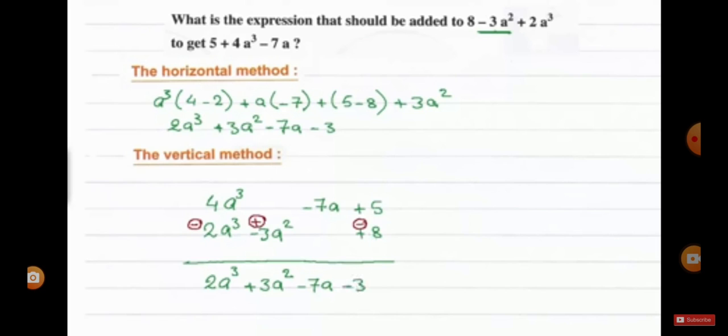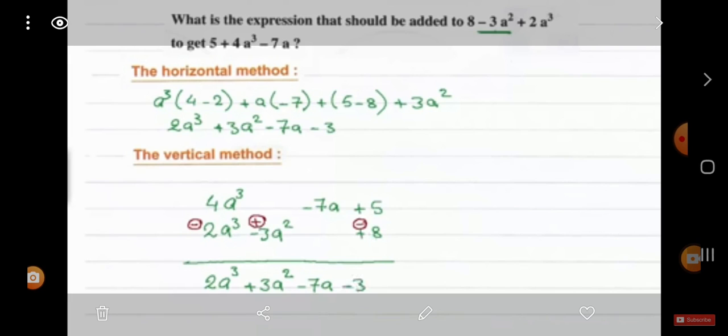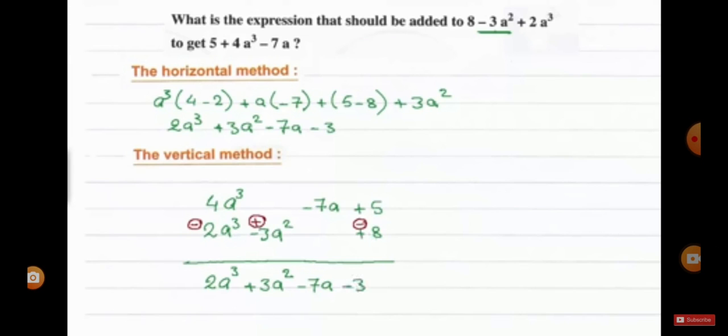Positive 2a³ becomes negative. Negative 3a² becomes positive. Positive 8 becomes negative. Then 4a³ − 2a³ equals 2a³ + 3a² − 7a − 3.